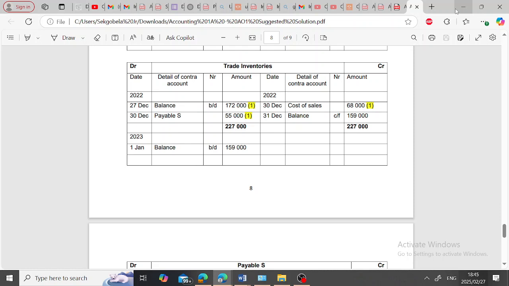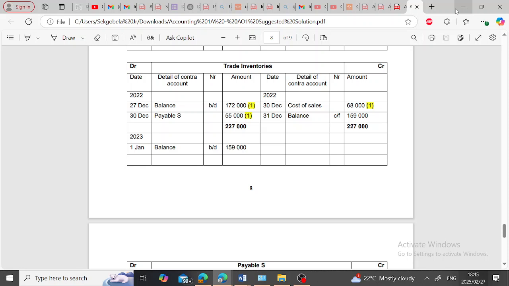Trade inventories, right? We have our opening balance, 172,500. We have payables, 55,000. We have cost of sales, 68,000. Which side is greater? Our debit side is greater by how much? 227,000. 227,000 minus 68,000 to get our balance carried forward gives us 159.